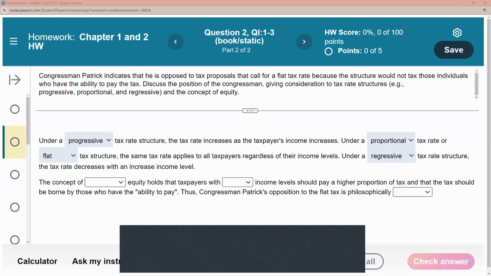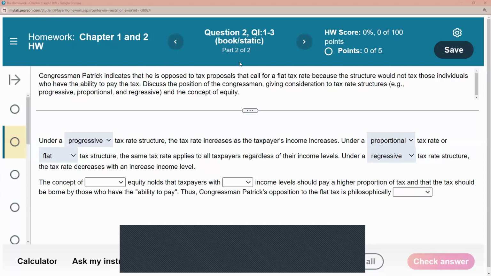Two aspects of equity are commonly discussed in tax policy, and they're called horizontal and vertical equity. Horizontal equity refers to the notion that similarly situated taxpayers should be treated equally. However, vertical equity, on the other hand, implies that taxpayers who are not similarly situated should be treated differently.